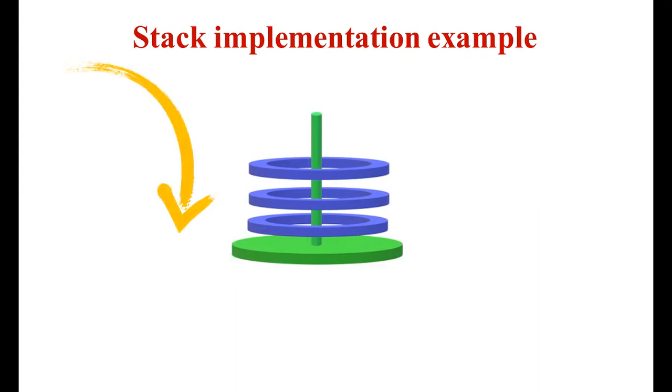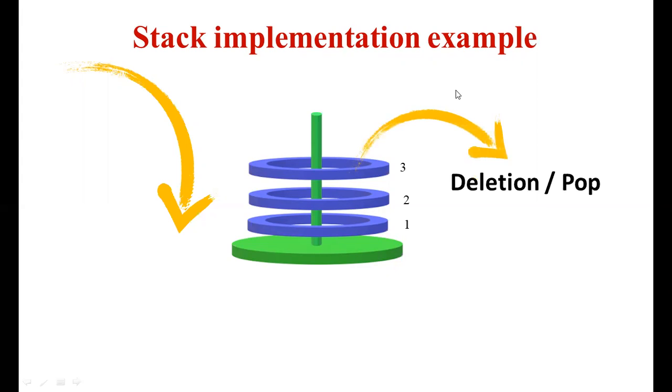So we have inserted the first, second and third CDs. If we want to pick one CD from the CD stand, then it is this third CD which will come out first, and this is called deletion. And this is called insertion.